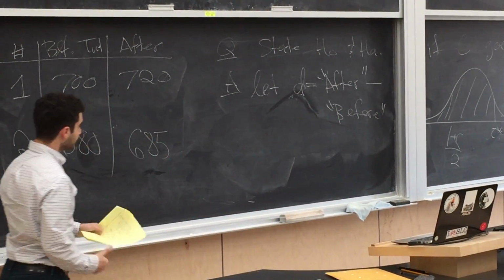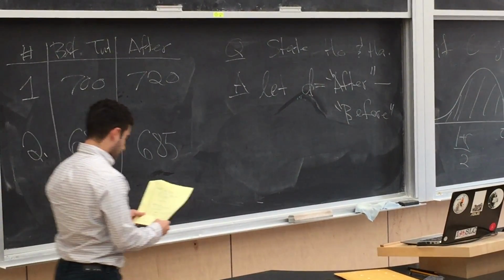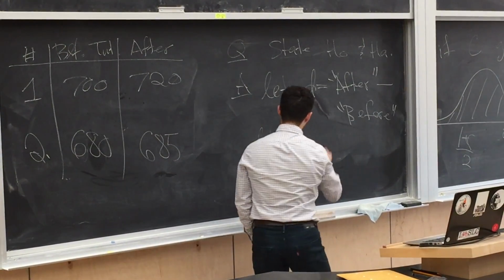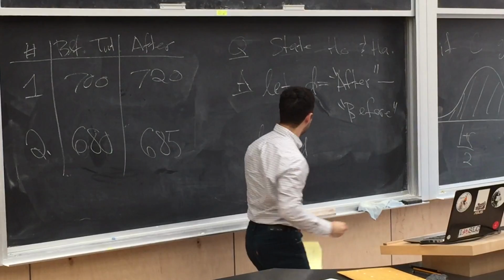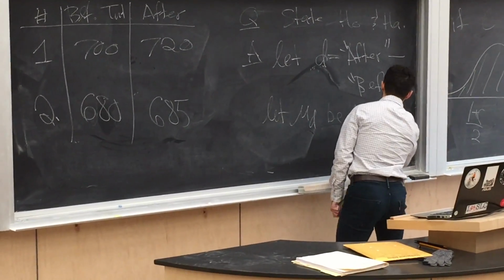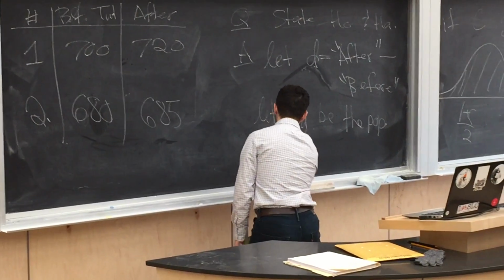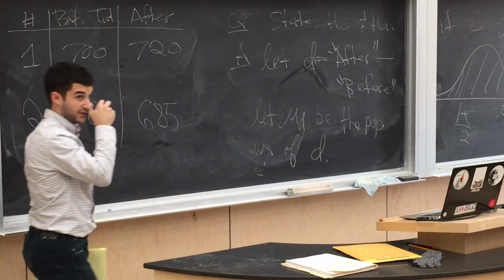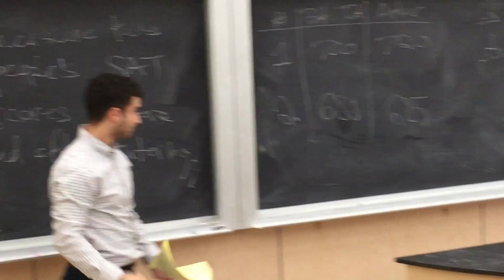And also let mu sub D be the population average of this variable D that we just invented.